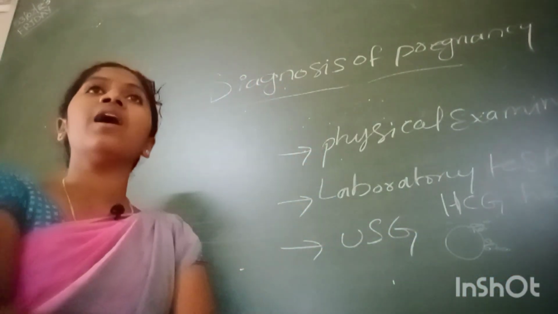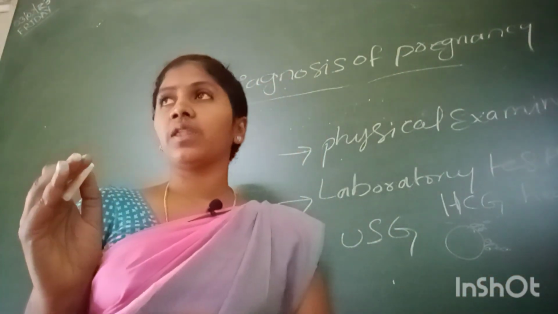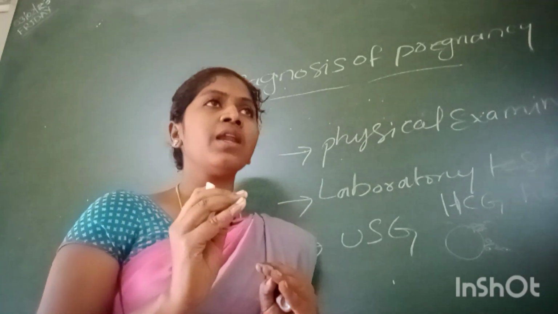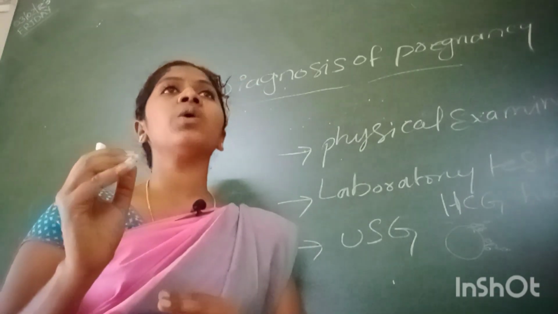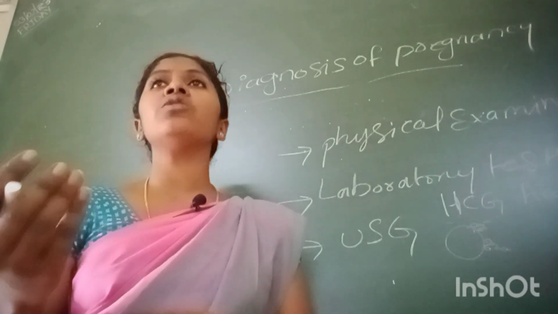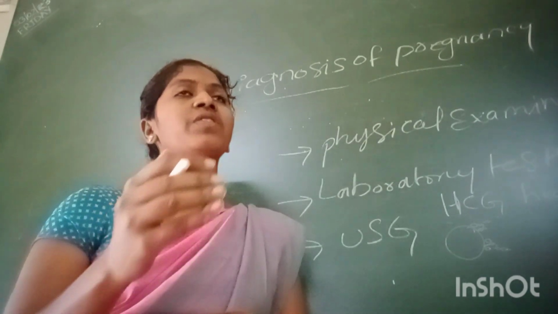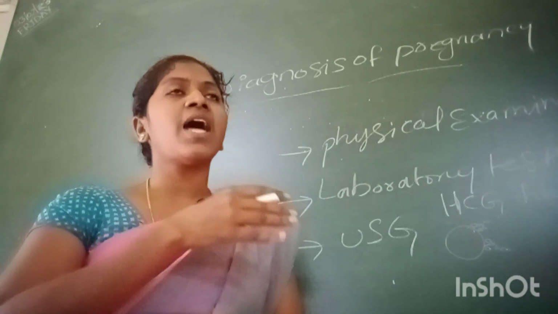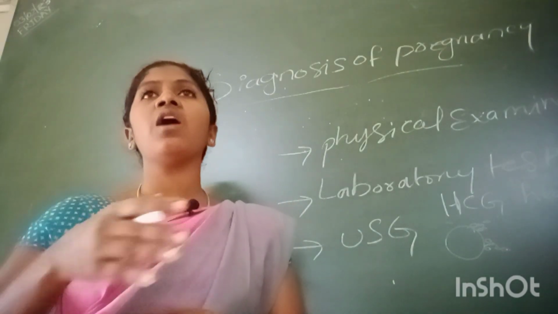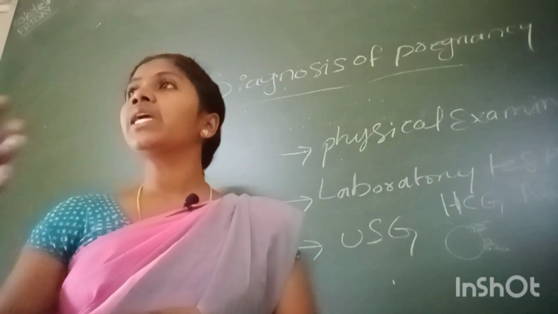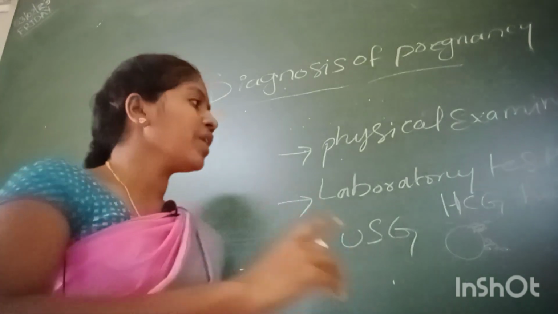This is present in the blood of the woman, even the serum of the woman, and also in the urine. Through the urine, the excessive amount of the HCG hormone is filtered away by the kidneys.